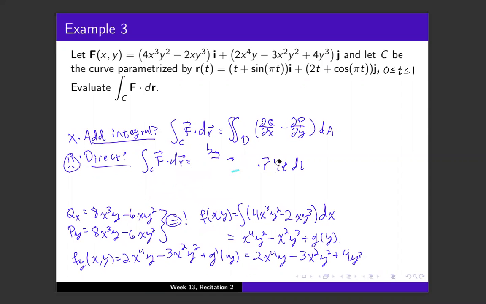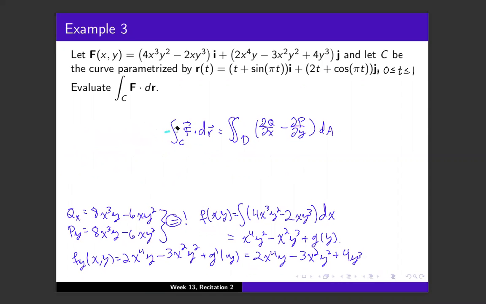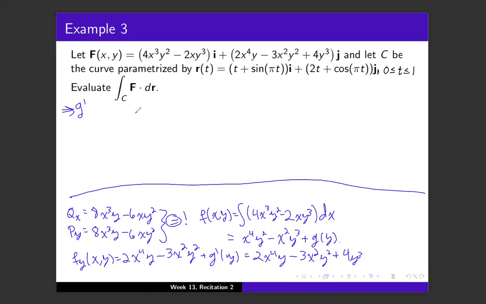Give me a second. The upshot of all of this is we know that g prime of y is equal to 4y cubed, and that means g of y is equal to y to the fourth.